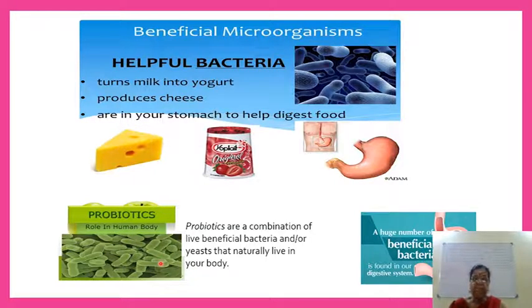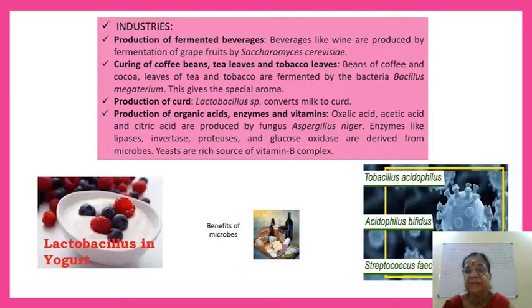Typical example, our intestine will have the useful bacteria called E. coli, Escherichia coli. Okay, so this is probiotics and beneficial bacteria. This is one of the beneficial activity of the microbe.